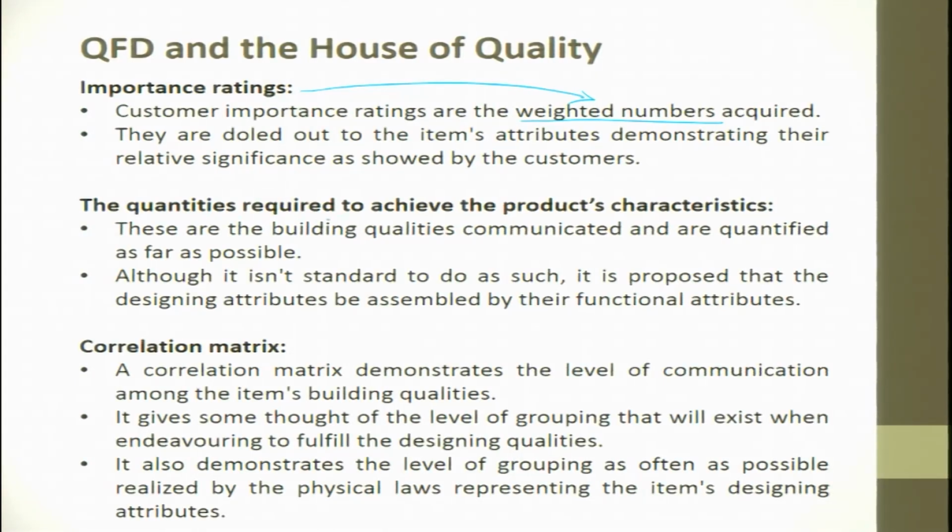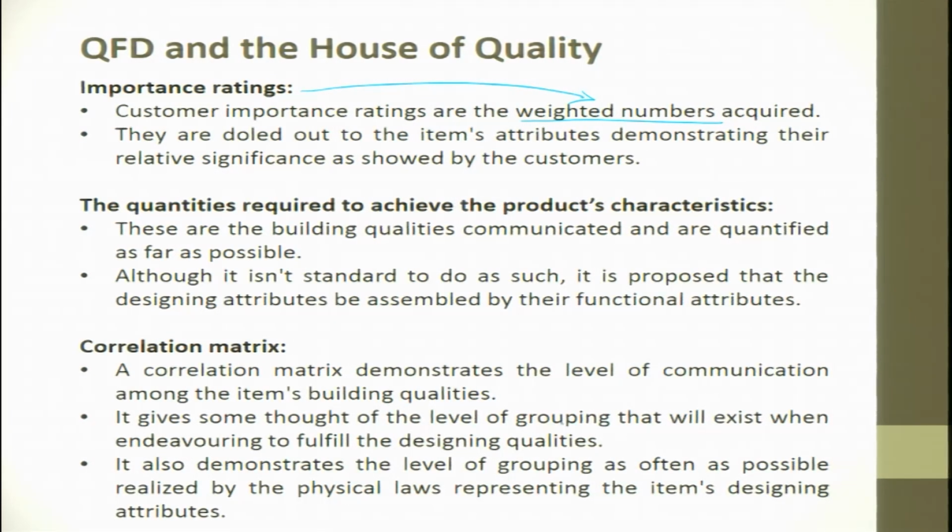The quantities required to achieve the product characteristics. So these are the building quantities communicated and are quantified as far as possible. Although it isn't standard to do so, it is proposed that the designing attributes be assembled by their functional attributes. Correlation matrix. The correlation matrix was on the top. The correlation matrix demonstrates the level of communication amongst the item's built-in qualities.